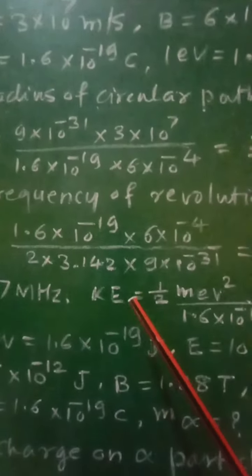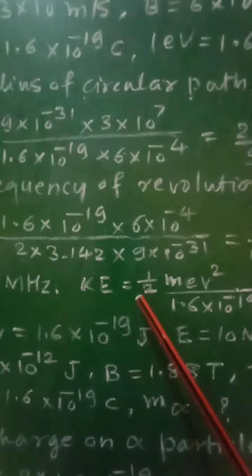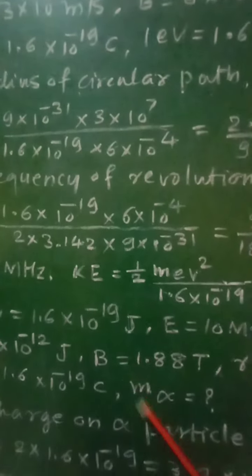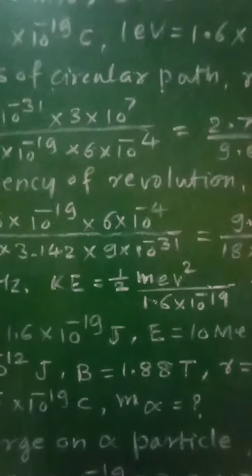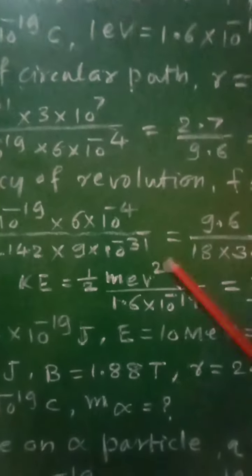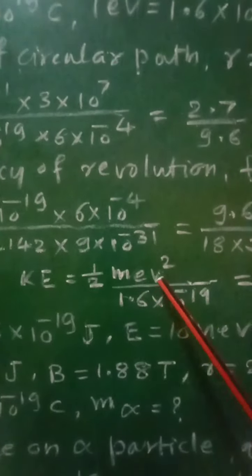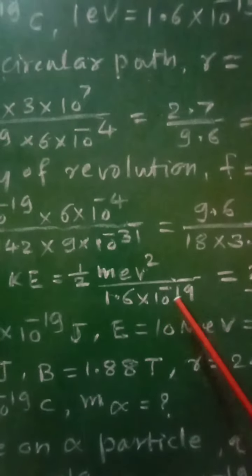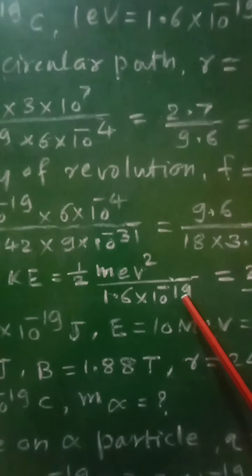Now let us see kinetic energy. Kinetic energy will be given as half me v square. But at last we have to convert it into electron volt, and therefore half me v square will be divided by 1.6 into 10 raised to minus 19.